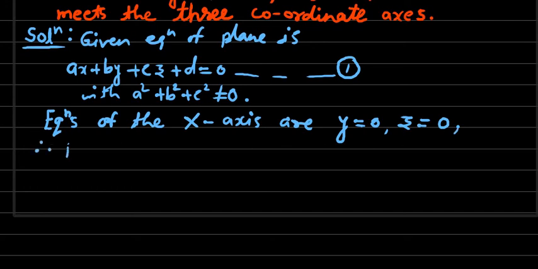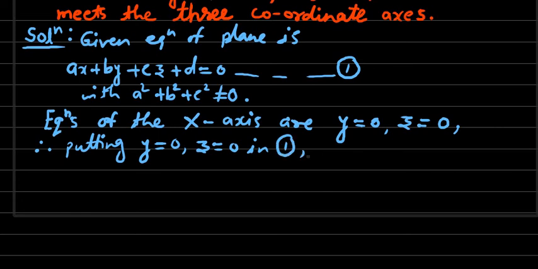Therefore, putting y equal to 0 and z equal to 0 in equation 1, we get, as the point of contact is a point which is on the x-axis as well as on the plane, so it will satisfy the equation of the plane as well as the equation of the x-axis. So we have to put y equal to 0, z equal to 0 in the equation of the plane.